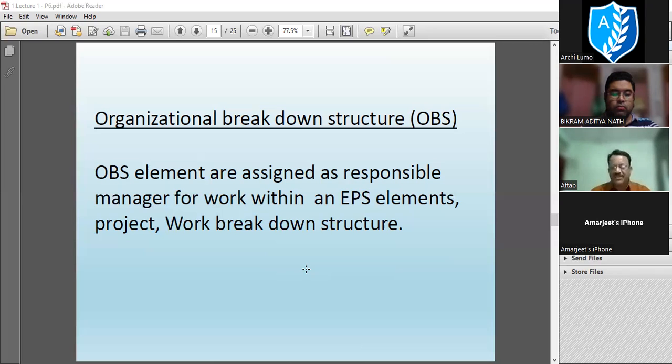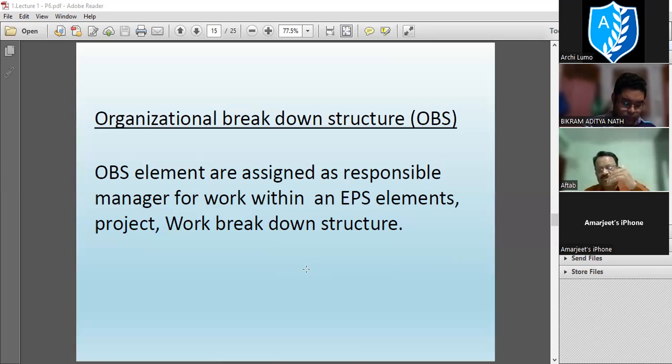Then comes the project. Already we have defined it, a temporary endeavor and so on, in our earlier sessions. So EPS, OBS, project. Now, once we make a project, under projects lots of things are there. In any project, whether small, medium or big, I will explain in writing also, don't worry.